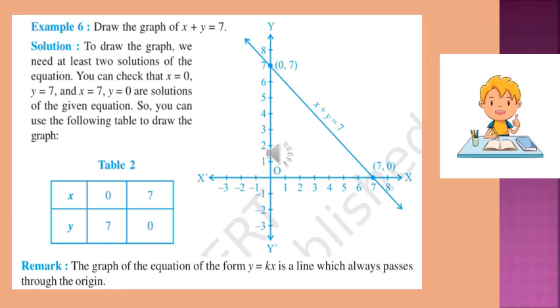Then plot the points. You can see it is a straight line, and you have to write the equation on that line, because that line represents the equation x plus y equals 7. Therefore, you must write the equation of that particular line on the line.